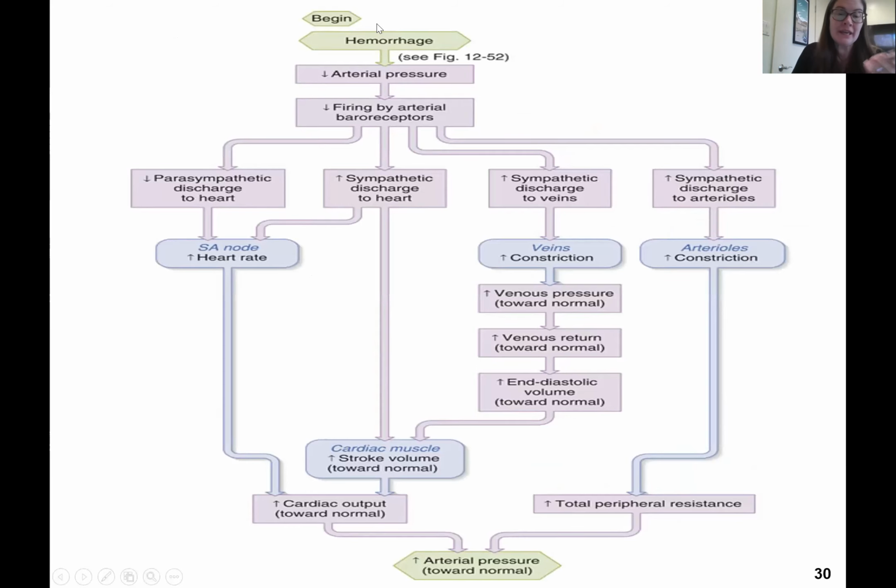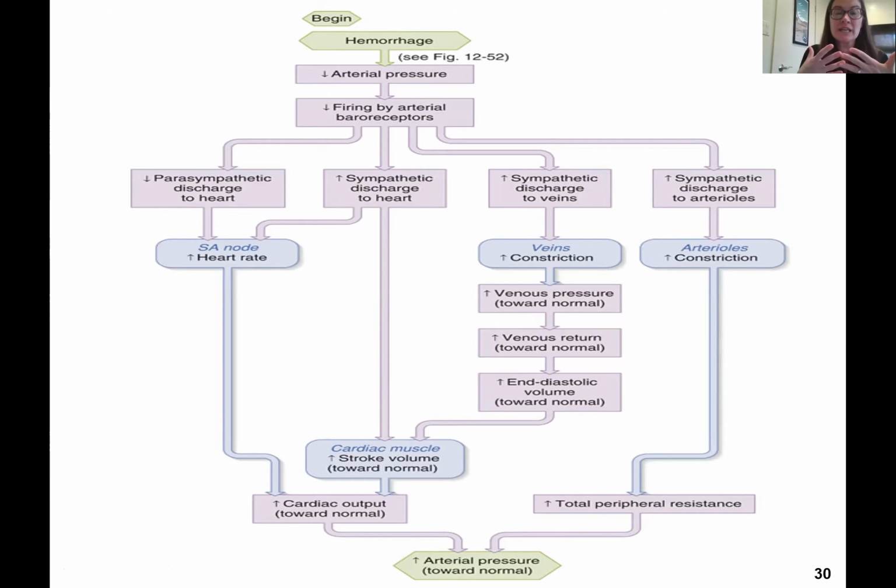Okay, here your book gives you a whole effect of hemorrhage on the mean arterial blood pressure. I'm going to let you work on this as an assignment outside of class, not for points, but again, hint, hint, you should know it. You should know it well.